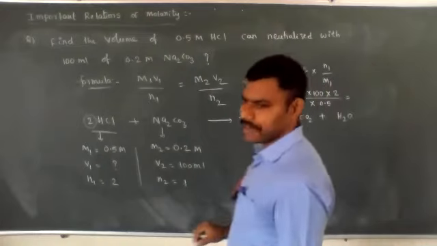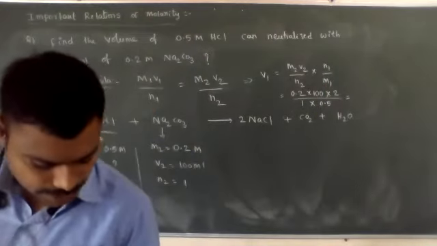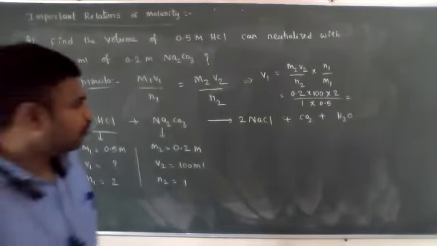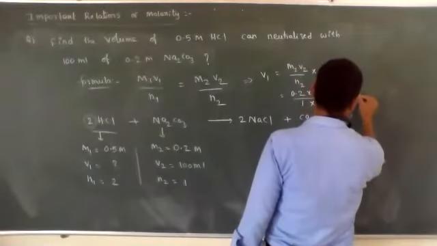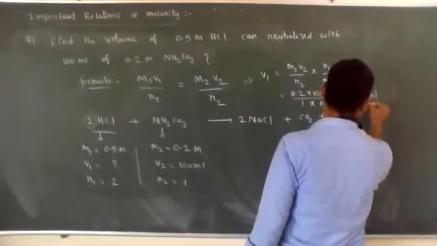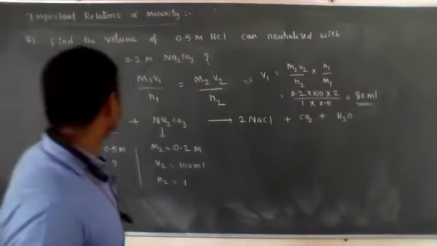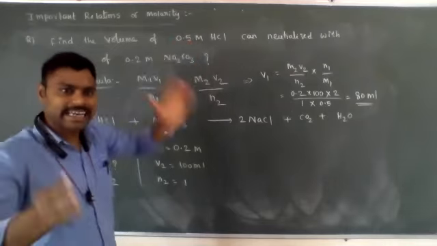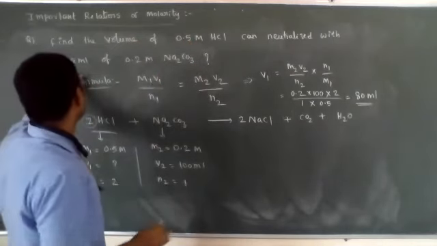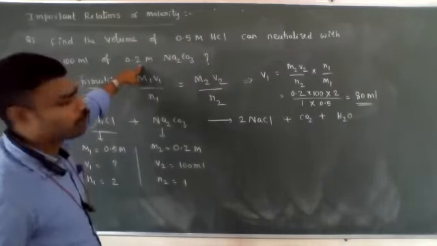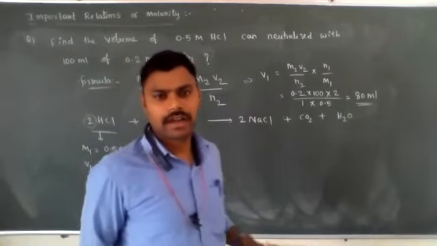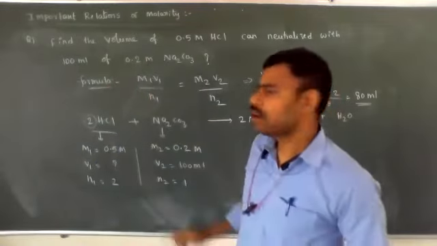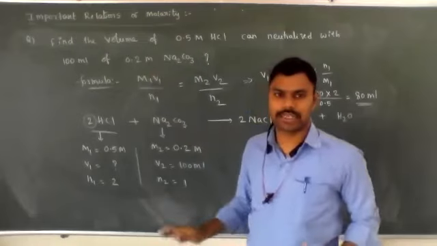Simplify that, then we will get the volume of HCl, hydrochloric acid. How much we will get? 80 ml. So 80 ml of 0.5 molar HCl exactly neutralizes 100 ml of 0.2 molar Na2CO3.